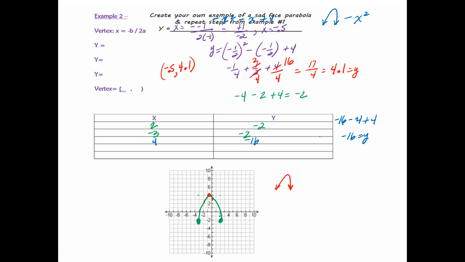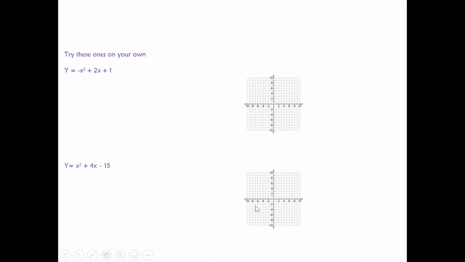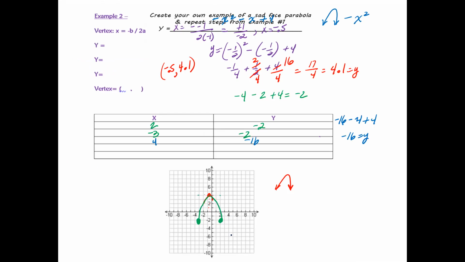And quite frankly, I don't even think we have enough spaces here because it's going to be all the way down over here. And then similarly, if you move over 2 more at negative 5, it will also be negative 16. And of course, if you connect this, that is your parabola.